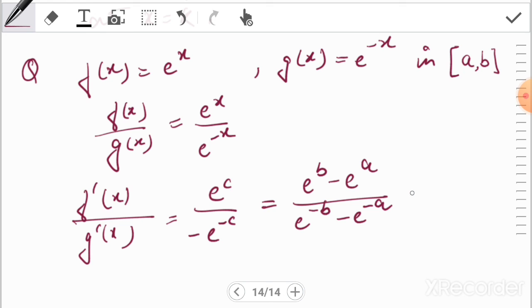So you can write this as (e^b minus e^a) by (e^a minus e^b) by e^(a+b).